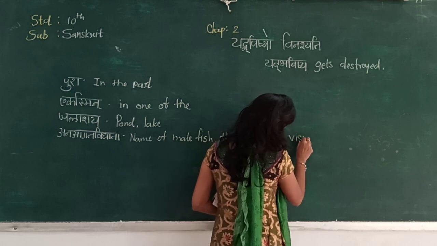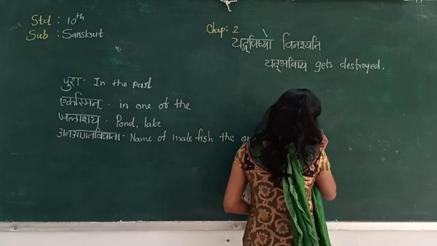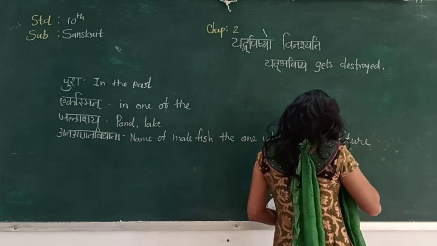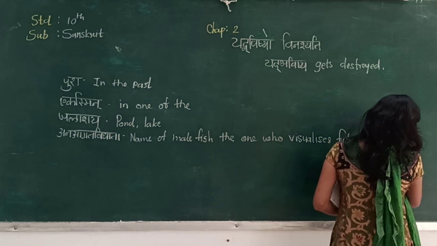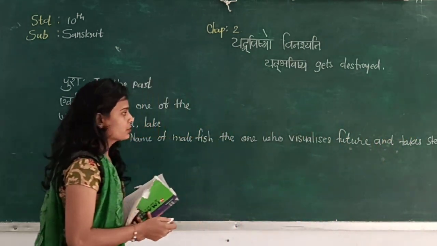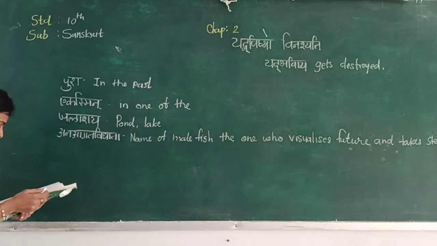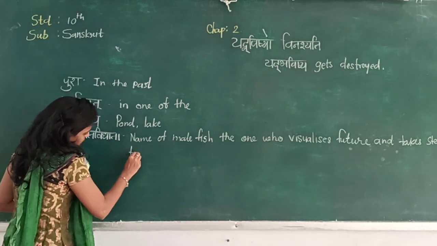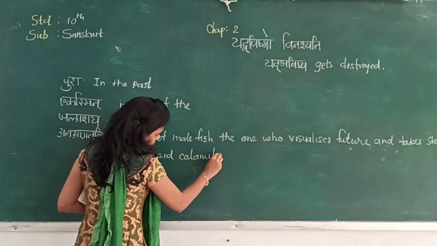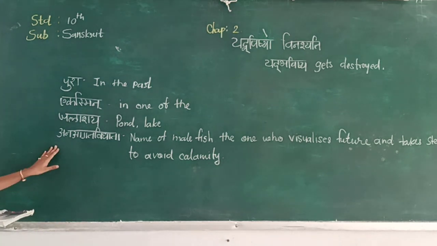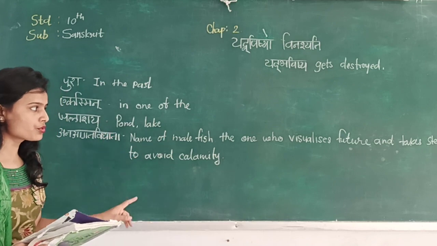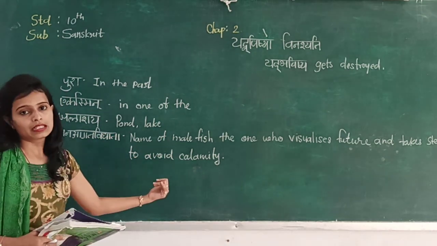Anagat Vidhata means the name of a male fish, one who visualizes the future and takes steps to avoid calamity.